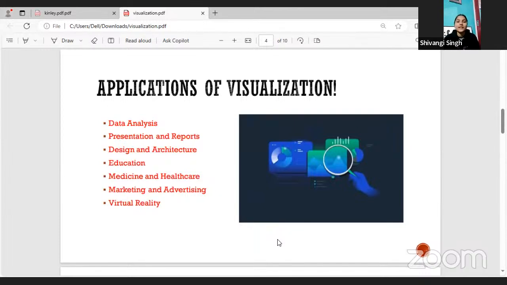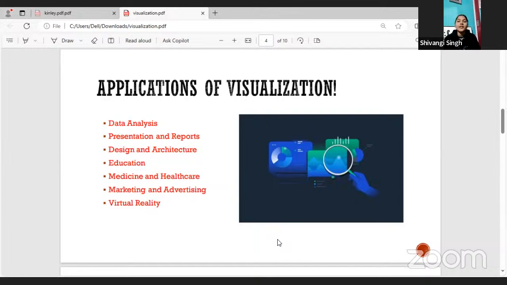Applications of visualization. It means how various techniques of visualization are used in various fields. Like we talk about data analysis, it is widely used in data analysis. It makes complex data sets into visual format, making it easier to identify trends, patterns, and insights.